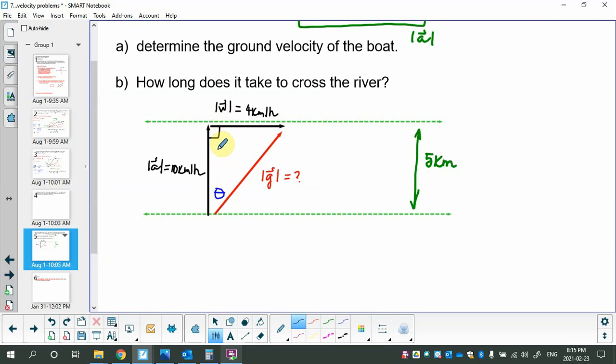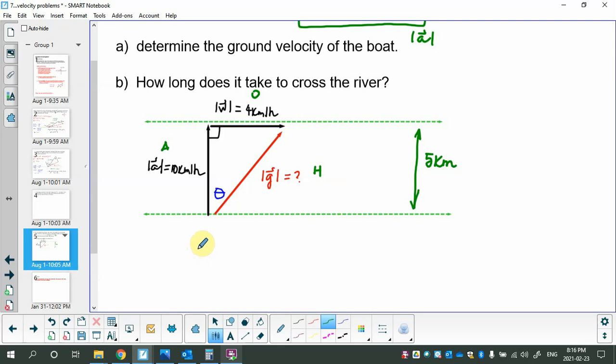So you can do the cosine law with 10 and 4 and 90 degrees. But because it's a right angle triangle, I'm going to remind you of the existence of opposite, adjacent, hypotenuse, not the sine law and the cosine law, but the sine, cos, and tan ratios.